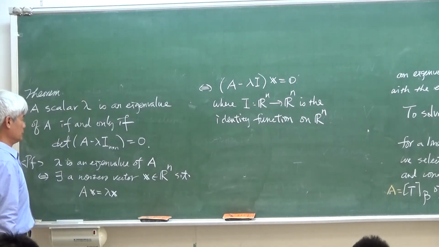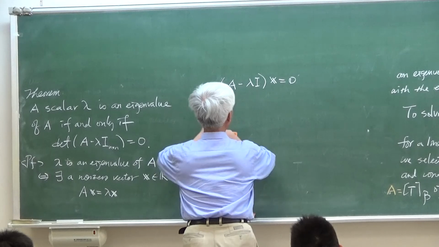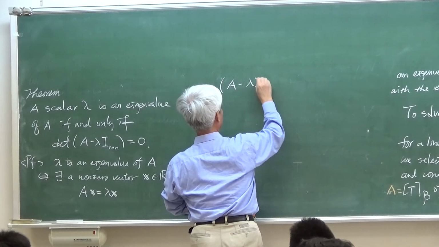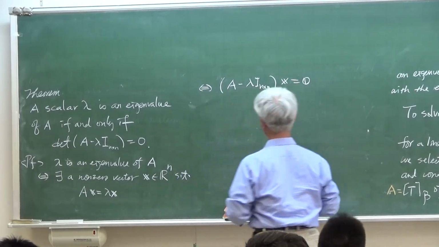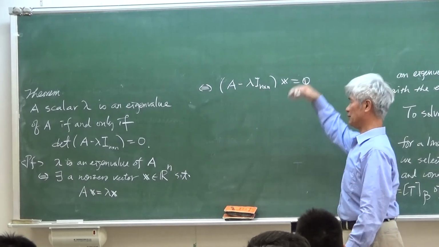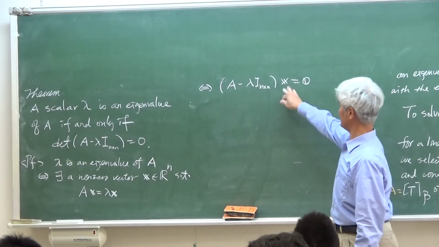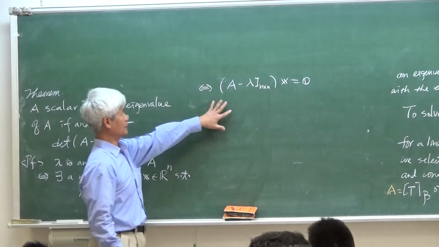So you can move to here. I don't need to connect back to the linear operator, just the matrix, that's fine. Identity matrix now.